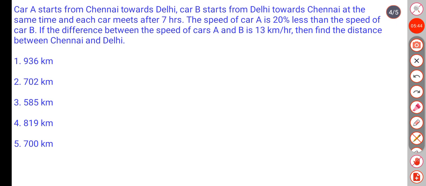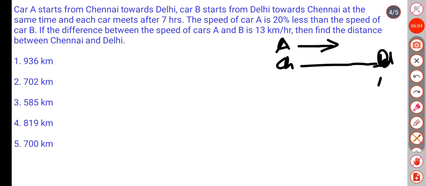Car A starts from Chennai towards Delhi. So this is Chennai and this is Delhi. And so A starts from Chennai towards Delhi, and then B starts from Delhi towards Chennai at the same time, and the cars meet after 7 hours.